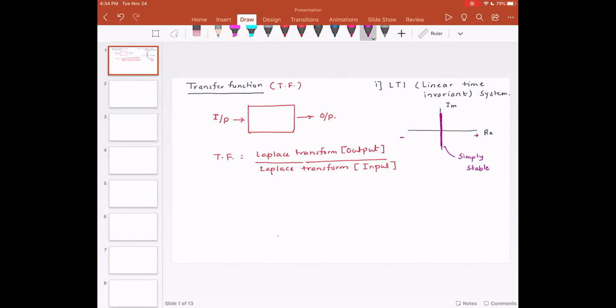And I will come back to this in just a minute when we look at the Laplace transform, transfer functions, and so on. If the eigenvalues are in the left half plane, the system is asymptotically stable. And if the eigenvalues are on the right half plane, the system is unstable.